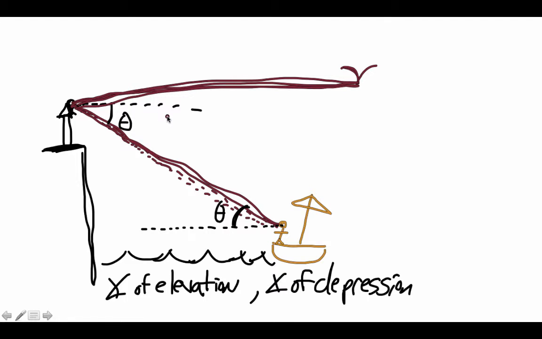Sorry. Now we have a different angle. Just use a different letter. Let's call this angle alpha. You are looking up. That's an angle of elevation. That's different, but it is congruent to the bird's angle of depression right here, which would also be alpha. Terrible pictures, I know, but just that you get the language.